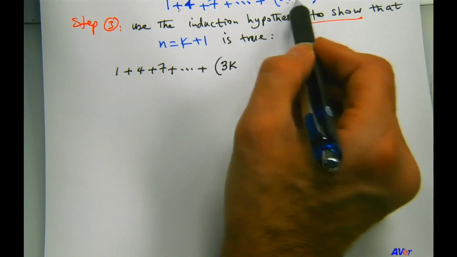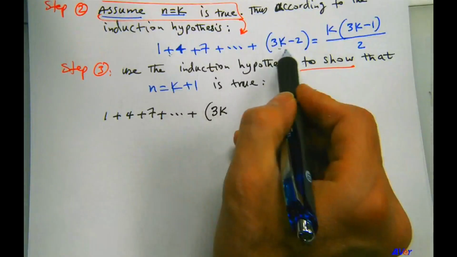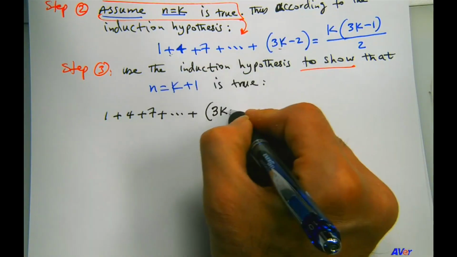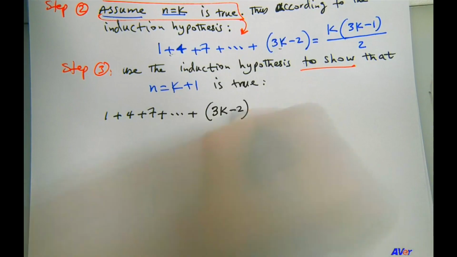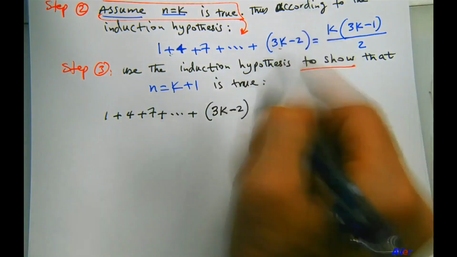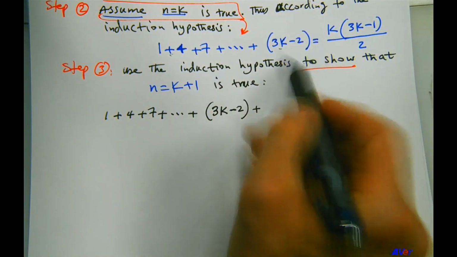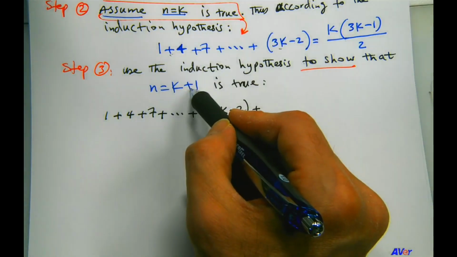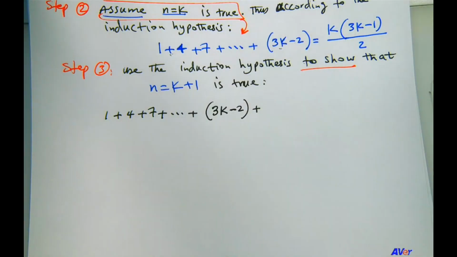This piece is part of the induction hypothesis. We assume that this is true. So we take that piece, 3k minus 2, right? Plus, now we got to plug in this, k plus 1.